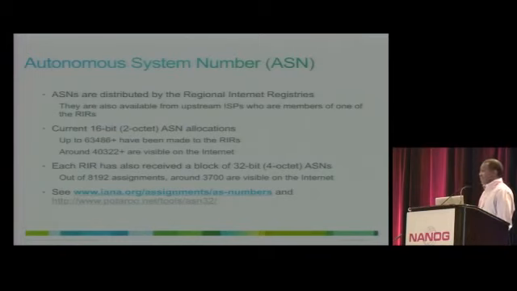As you can see, about 8,000 have been assigned from the 4-octet space, and only 3,700 are visible on the internet. You can see some of these numbers from those 2 links from the official RIR site, as well as from the portal websites.